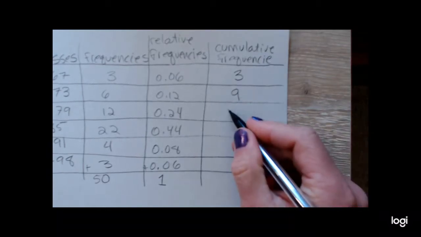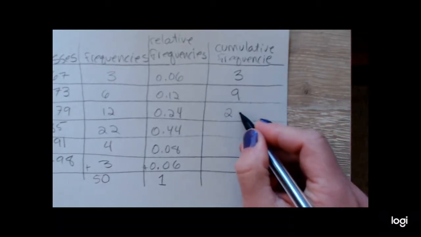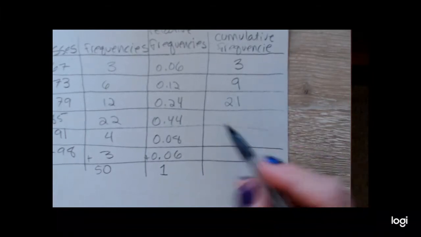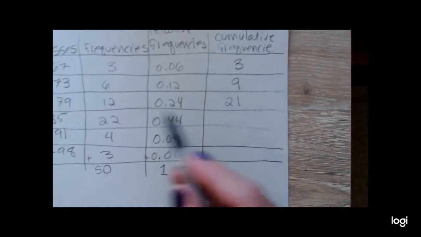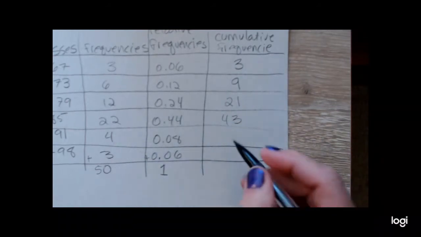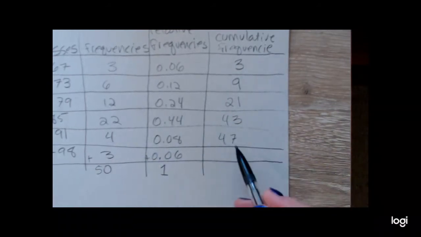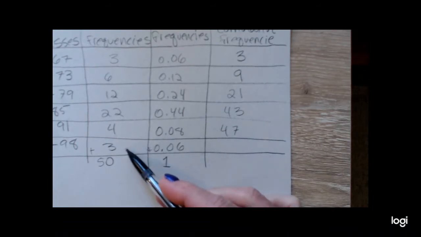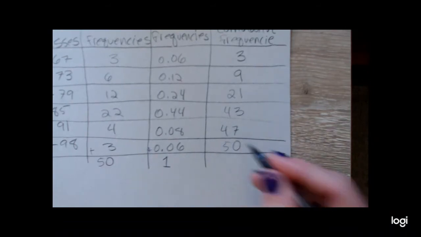So the next cumulative frequency will be 21, and then adding 21 to 22, I have 43, and then 43 plus 4, I get 47, and then 47 plus 3, I'll get 50.